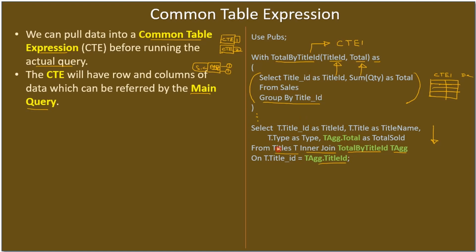So the tables involved here are titles and total by title ID. So this one is the in-memory common table expression, TAG, and titles, and we are making the join. So we're picking a column from the database table and picking a column from the derived or the common table expression. After that, in the select list, we are picking title ID, title, type, and TAG total.